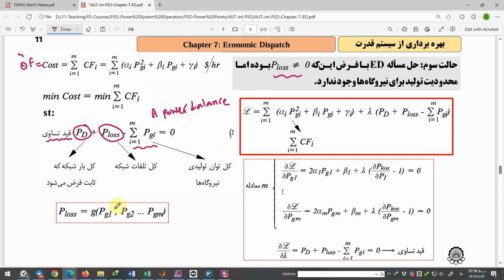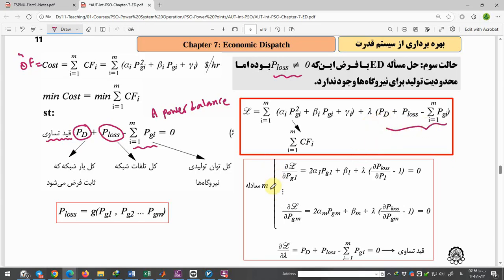For solving this problem, we write the Lagrangian as before: sigma cost functions plus lambda times the equivalent constraint for power balancing.